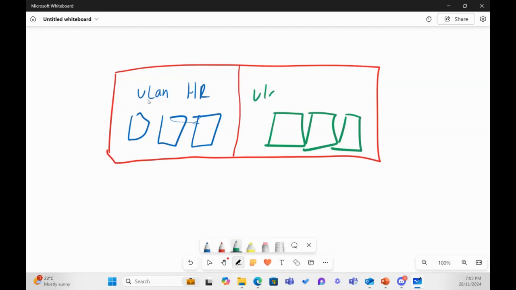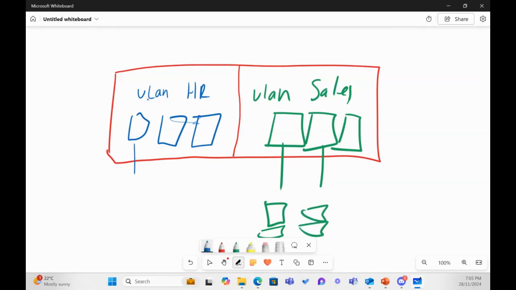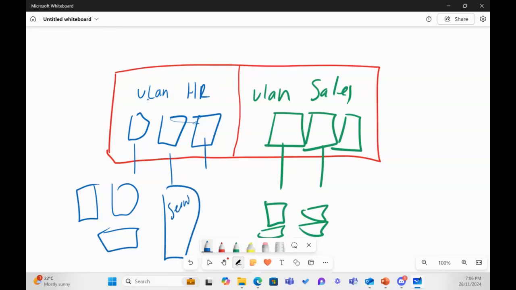This is VLAN Sales. So that's connected to a laptop in the sales department. And that's another one. And that over here is connected to Human Resources computers. And maybe there's a server there, maybe a printer. They cannot communicate with each other. Just look at that device as two separate devices. They're still the same physical device, but we've divided them into virtual LANs.